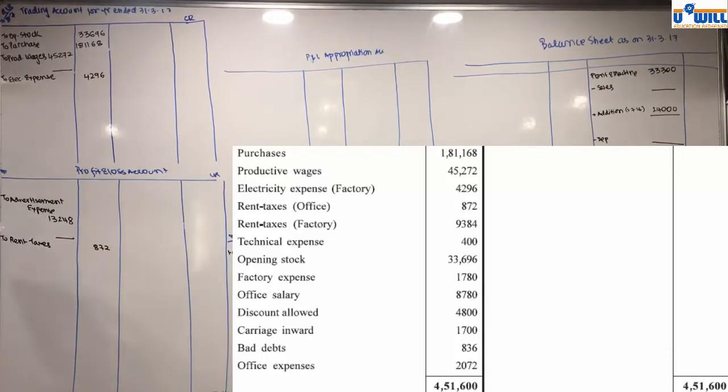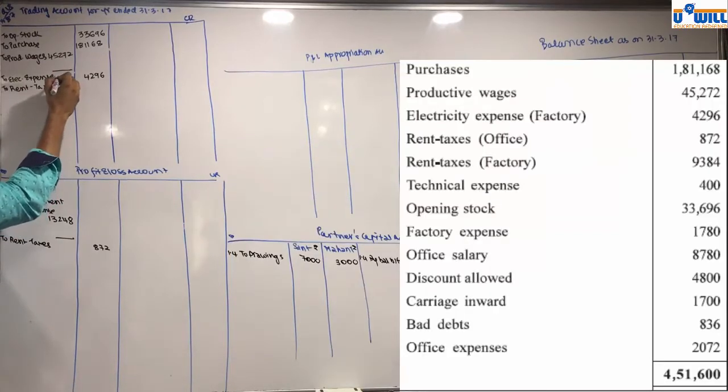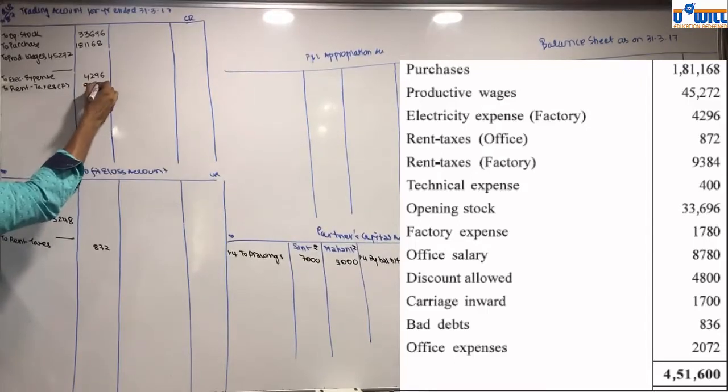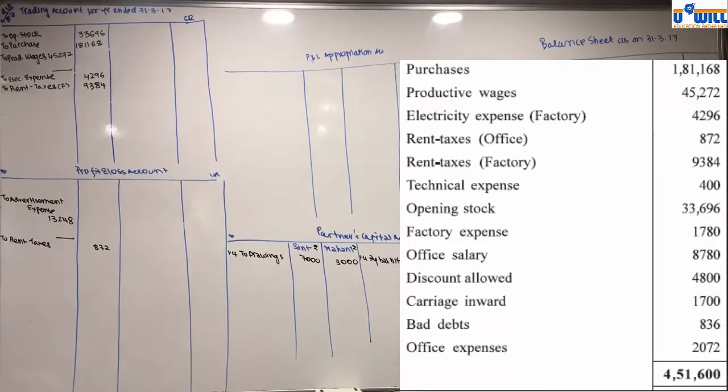Rent, taxes, factory 9384. Technical expense, inner column 400, trading account. Opening stock done, factory expense 1780.